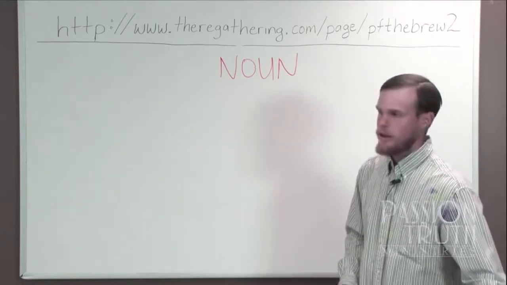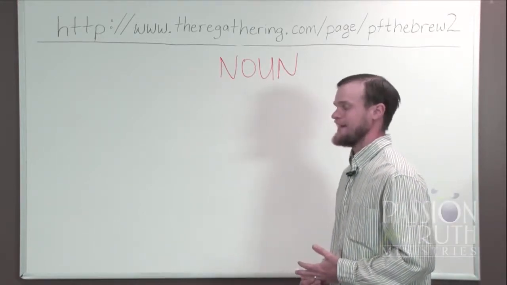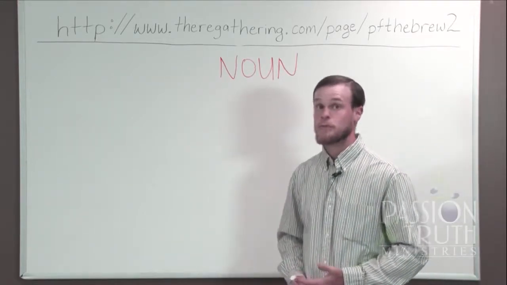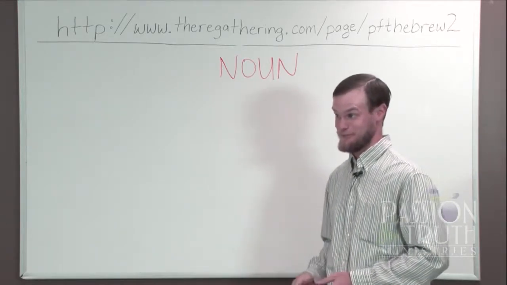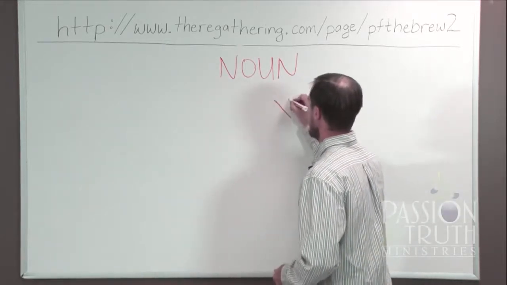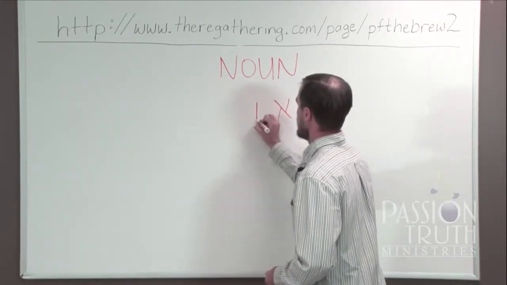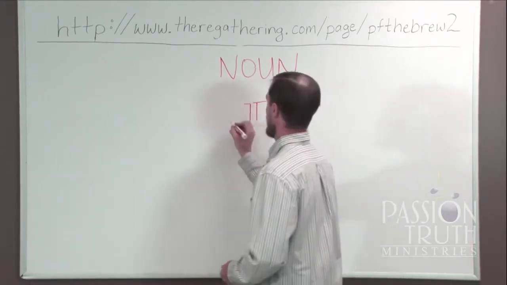Now, I will point out that there are some words that end in im or ot that are not plural. Okay, that's simply how the word is spelled. So there are a few examples of that. One, remember, ach is brother.